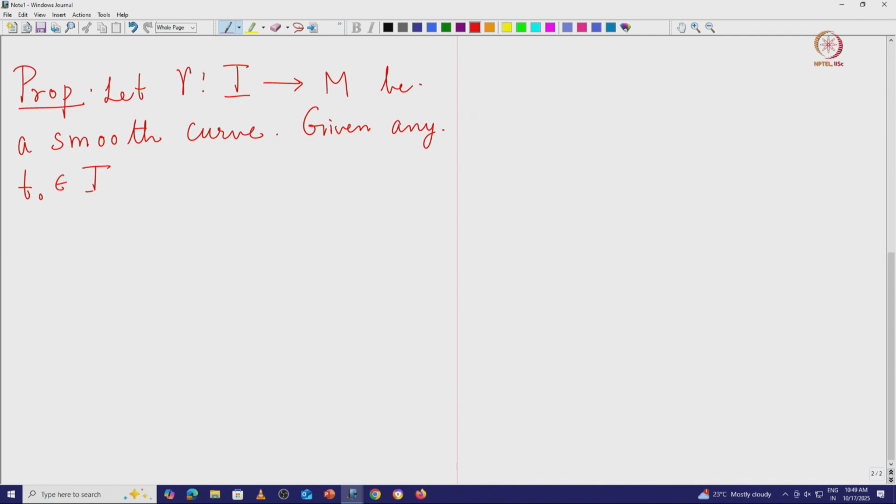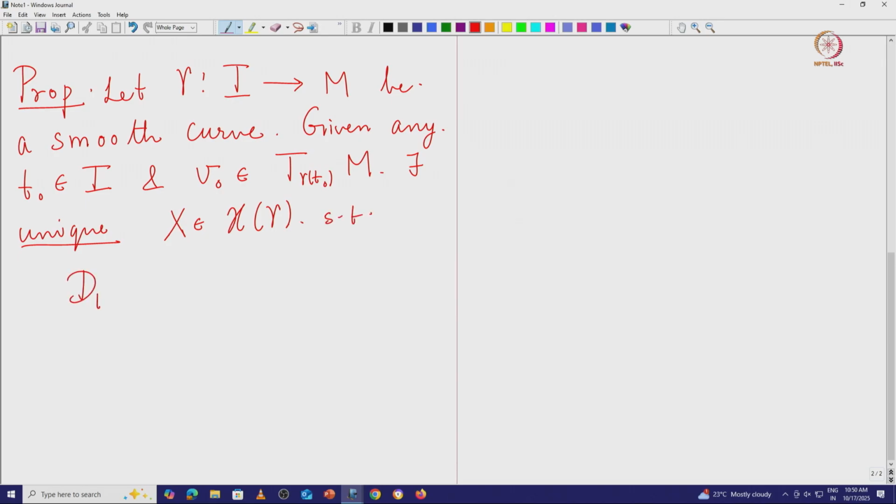Given any time t naught in the interval and any vector v naught in the tangent space to M at gamma of t naught, there exists a unique vector field x along the entire curve such that x is parallel, so dt of x is identically 0, and it satisfies the initial condition that x at t naught is precisely this vector v naught.